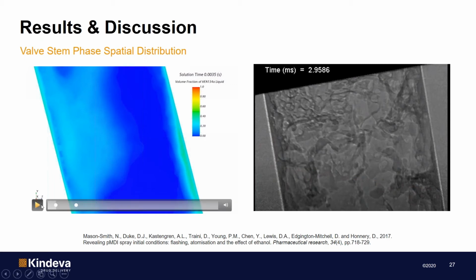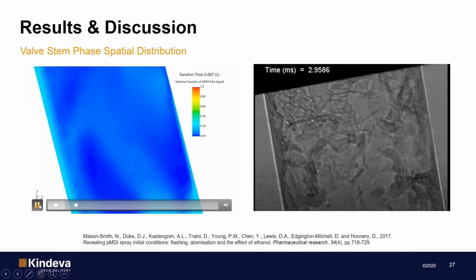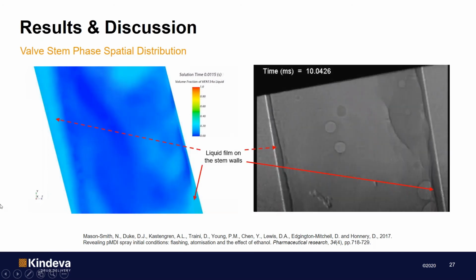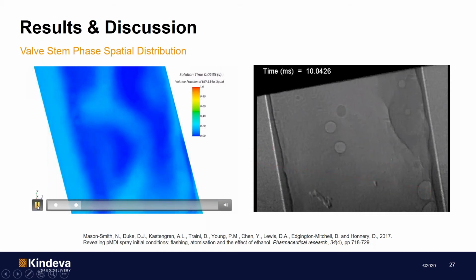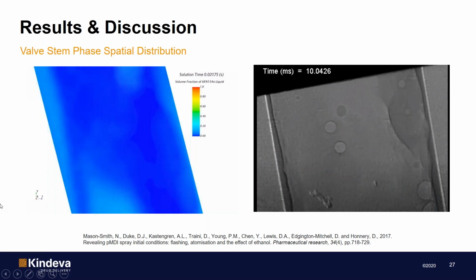Moving forward in time, as the actuation proceeds, the existence of the wall film becomes even more evident in the CFD, as you can see also in the phase contrast images. Towards the end of the actuation, the CFD model again predicts that the wall film almost disappears and the mixture becomes predominantly vapor-rich and homogeneous.